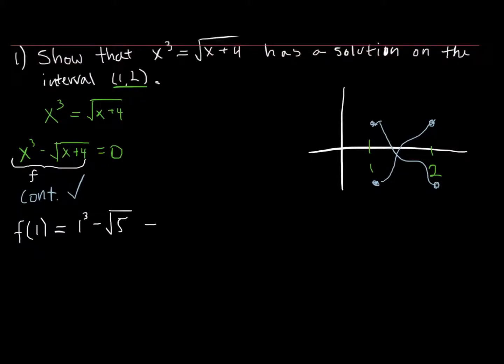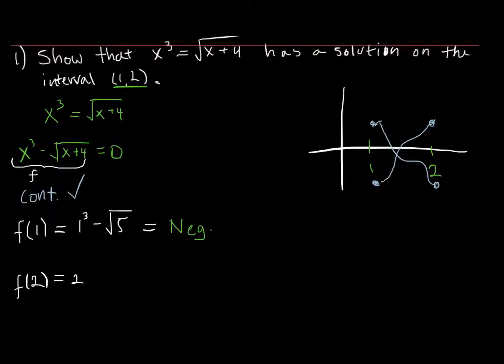Well, it'd be great to know this exact value, but it turns out I really don't need to. I just want to know whether it's positive or negative. Square root of 5 is bigger than 1, and so this is going to be negative. Then I can go ahead and look for f of 2.